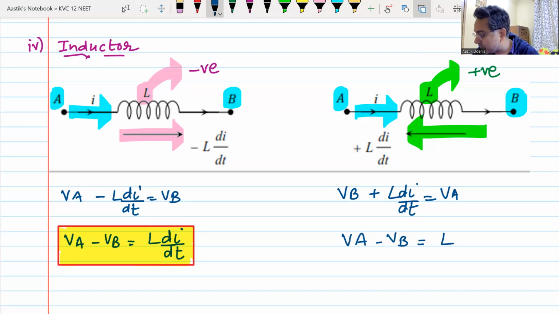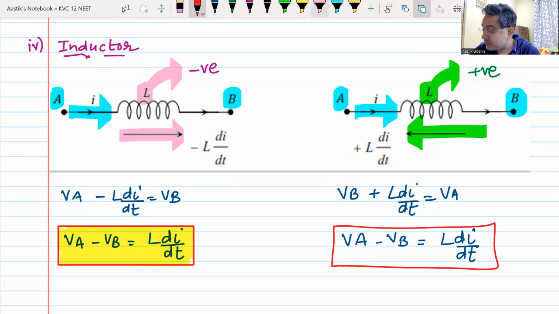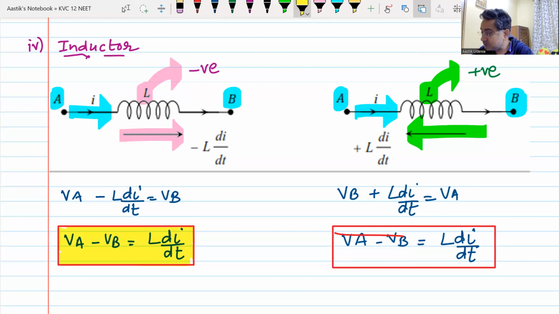The concept remains the same, and this remains the answer. Everyone understands this? Yes or no?